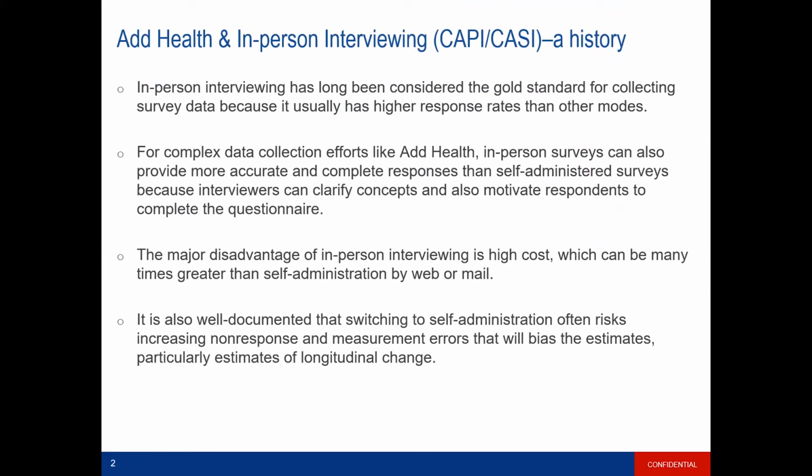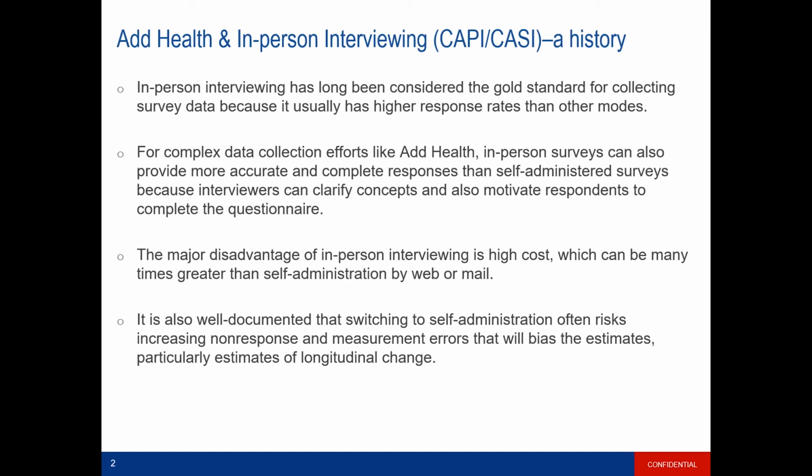In-person interviewing, which Ad Health was, in school or in home for waves 1, 2, 3, and 4, has long been considered the gold standard for collecting survey data because it usually has higher response rates than other modes. Historically, you've been looking at in-person CAPI mode versus telephone CATI mode, and CAPI always got higher response rates.